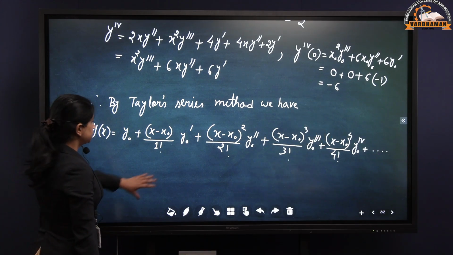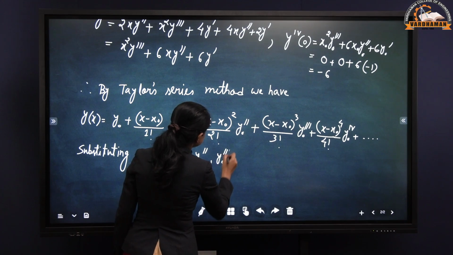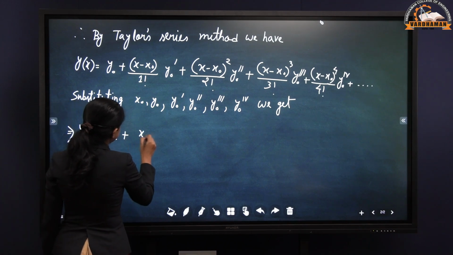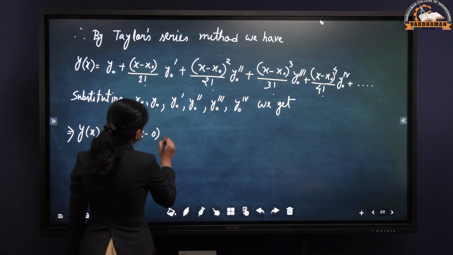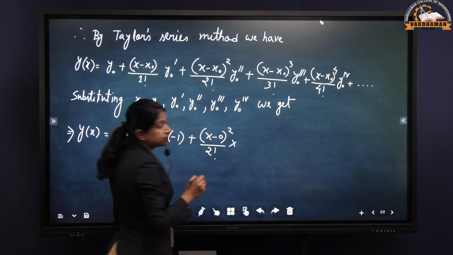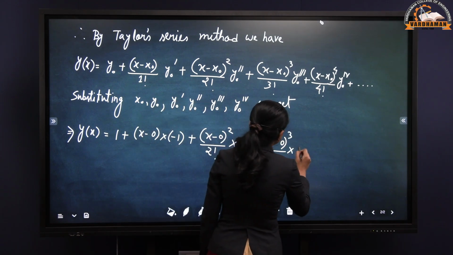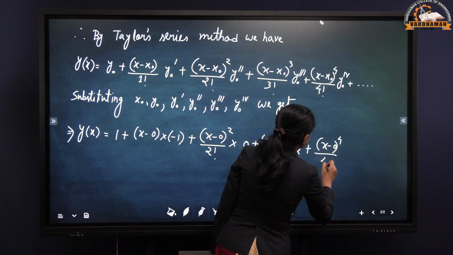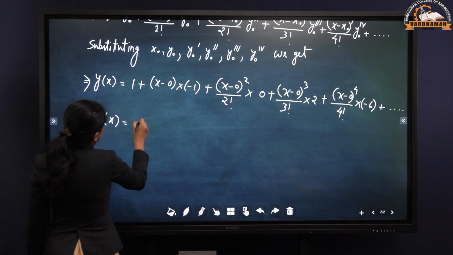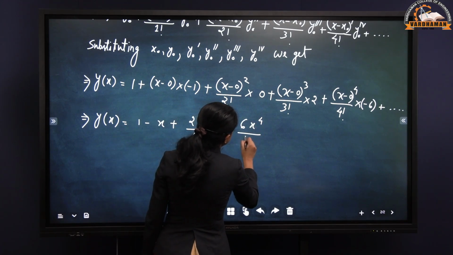Now let us substitute the values. Substituting x₀, y₀', y₀'', y₀''' and the fourth order derivative of y₀, we get y(x) = y₀ is 1, plus (x - 0)/1! is 1 and y₀' is -1, plus (x - 0)²/2! y₀'' is 0, plus (x - 0)³/3! y₀''' it is 2, plus (x - 0)⁴/4! y₀⁗ is -6, plus so on. y(x) = 1 - x + 2x³/6 - 6x⁴/24 plus so on.